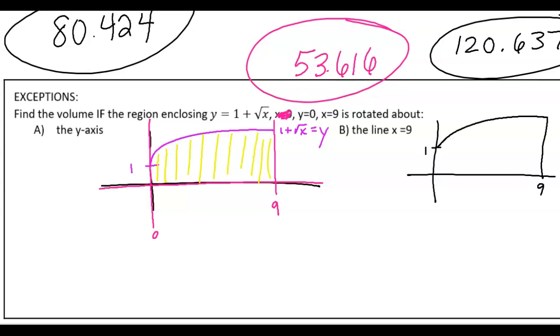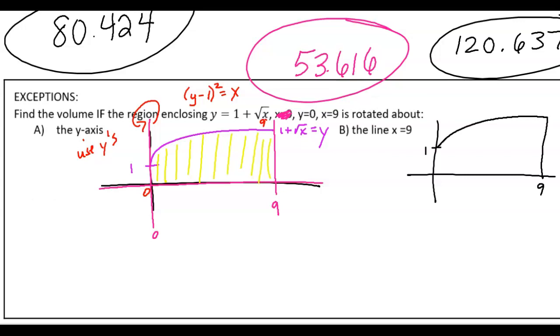Okay, so on the first part, if we want to spin it around the y-axis, well, that means we are using y's. So we know that this is going to be y minus 1. We know this is going to be from 0, though, until, so if x equals 9, we can plug this in.